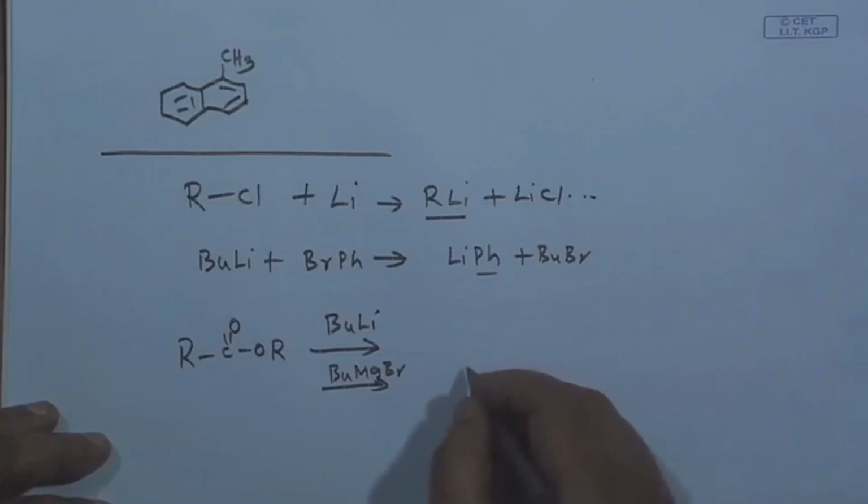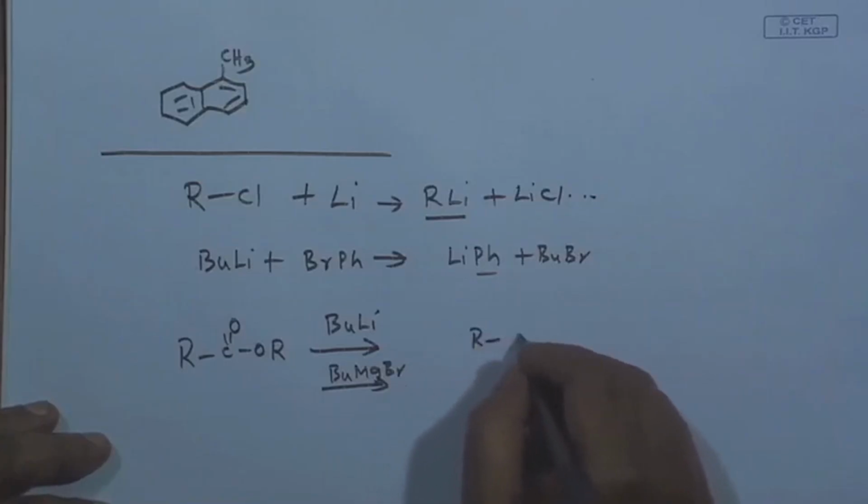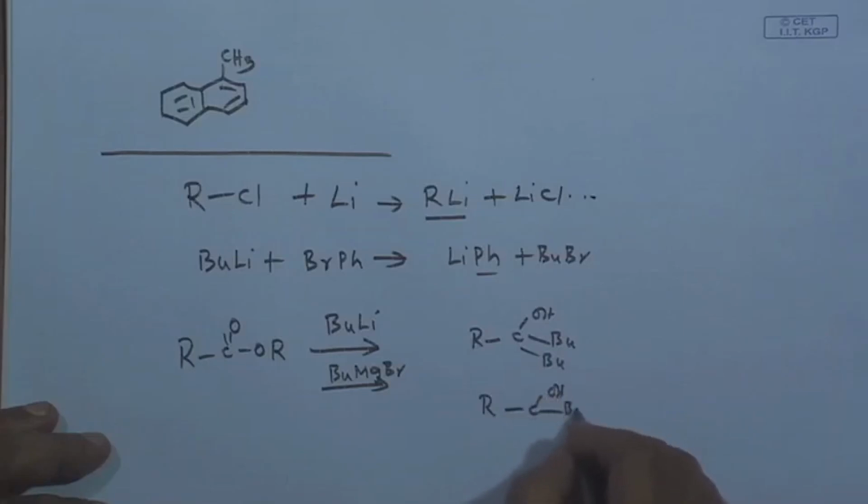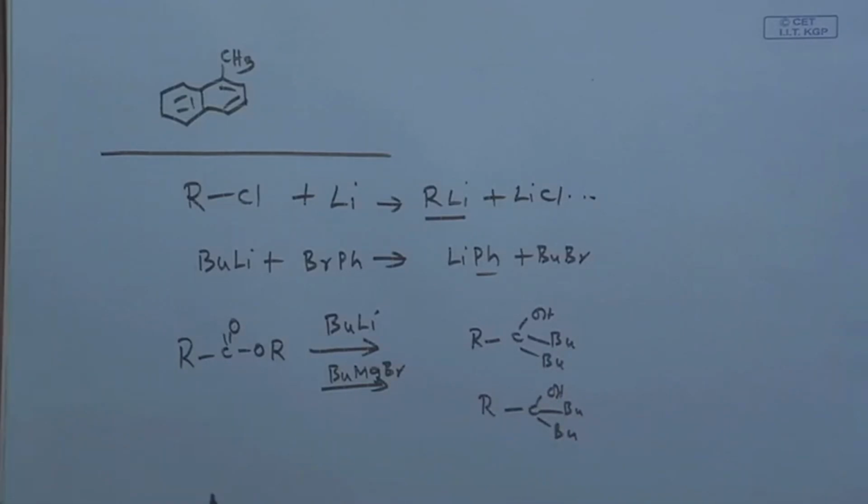If you have excess, what will you get? You will get the corresponding tertiary alcohol, right? Similarly, if you have excess here, you will get the same product, but there is a remarkable difference in the reactivity. Maybe at minus 78 degrees, Grignard would not react, but the corresponding organolithium would react very nicely.